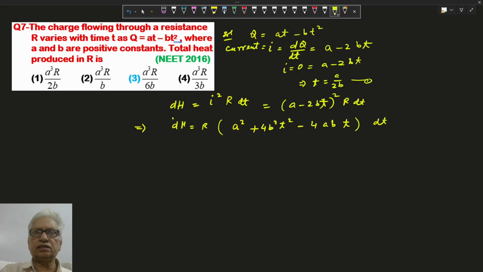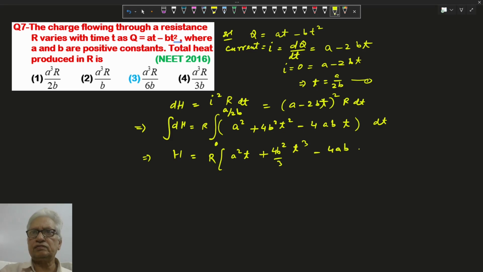Integrating this, taking the limit, the total heat will be the limit 0 to a upon 2 of a square t plus 4 b square t cube upon 3 minus 4ab t square upon 2.